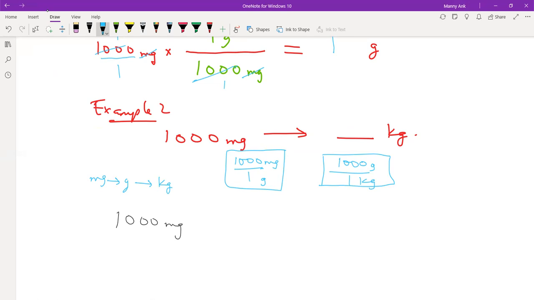So I start with my given, 1,000 milligrams, times, change that to grams. Which conversion factor am I going to use?